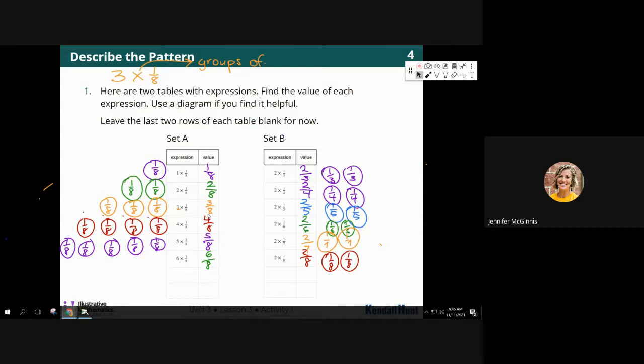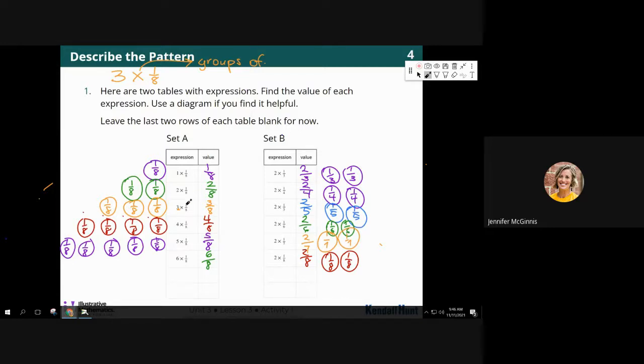So when we do this, the whole number, which is right here, is only being multiplied by the numerator. The denominators are always staying the same. Look here, in both columns, the denominators stay the same. Did anybody talk about that?